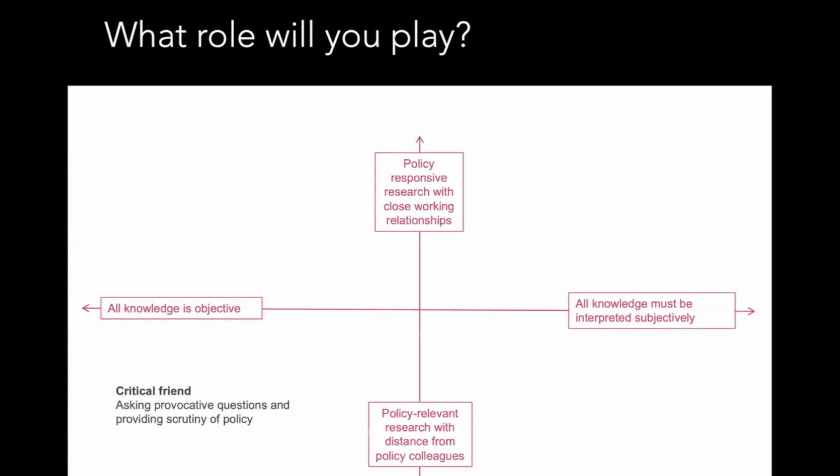And again, that bottom left quadrant is the easy and safe place to start. And this is the role of critical friend, which you may be familiar with from the wider literature on this subject, if you're into that.